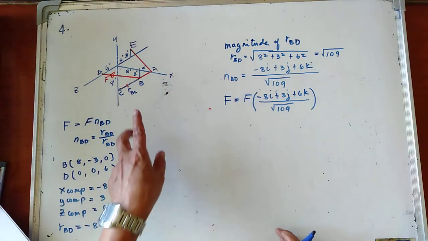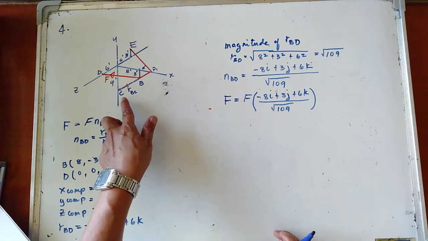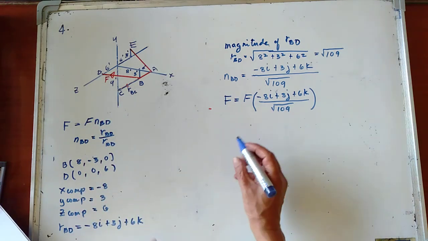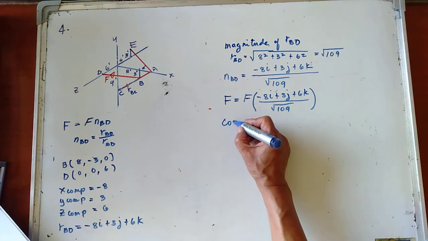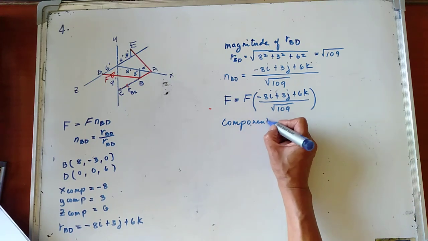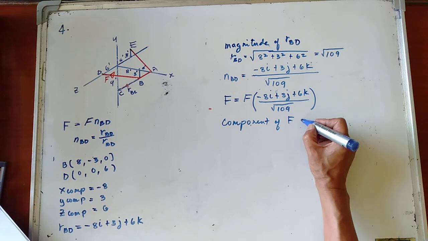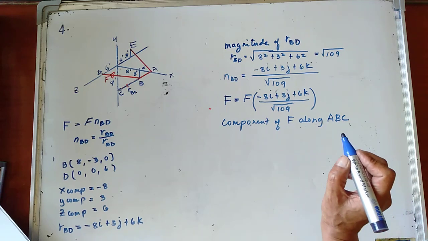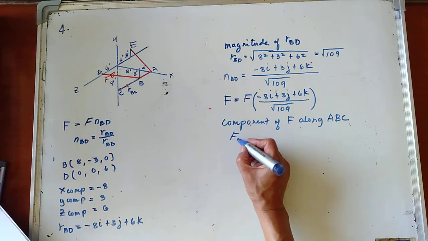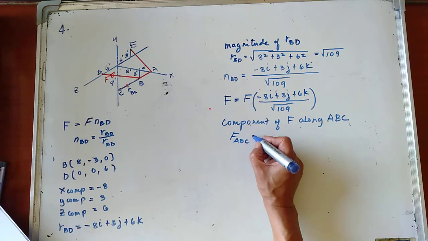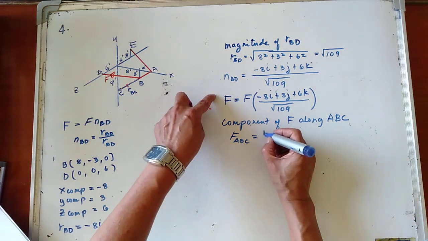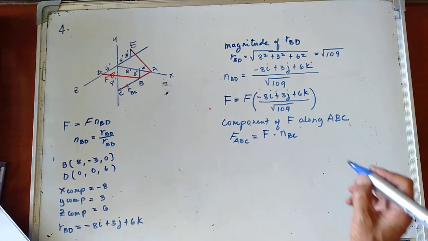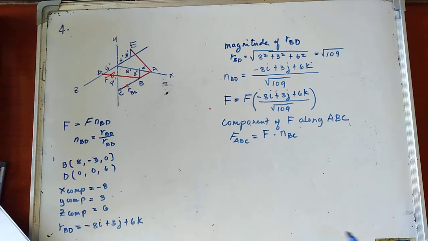At that time, we did consider a position vector BC. So let's try to determine now the component of F along boom ABC. The component of that vector along boom ABC is equal to this vector dot a unit vector BC.